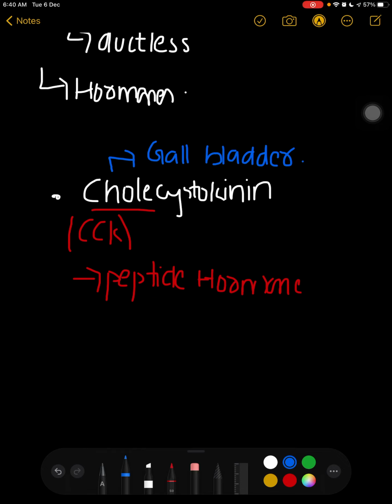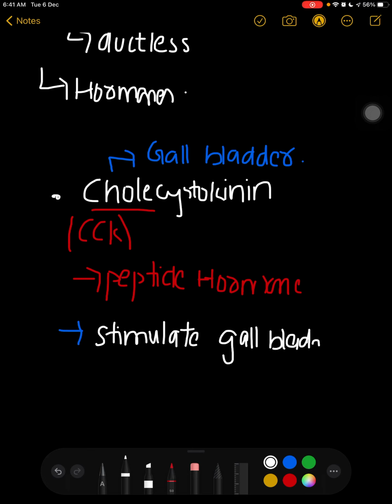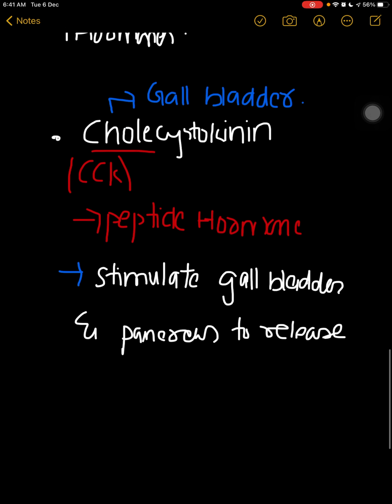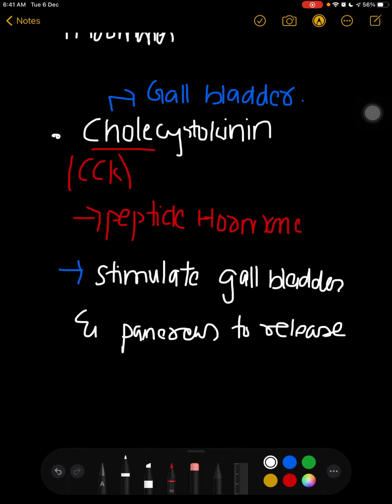Whenever the word "chole" comes, it means gallbladder, right? So what is the work of this cholecystokinin? It will stimulate the gallbladder and pancreas to release their secretions.